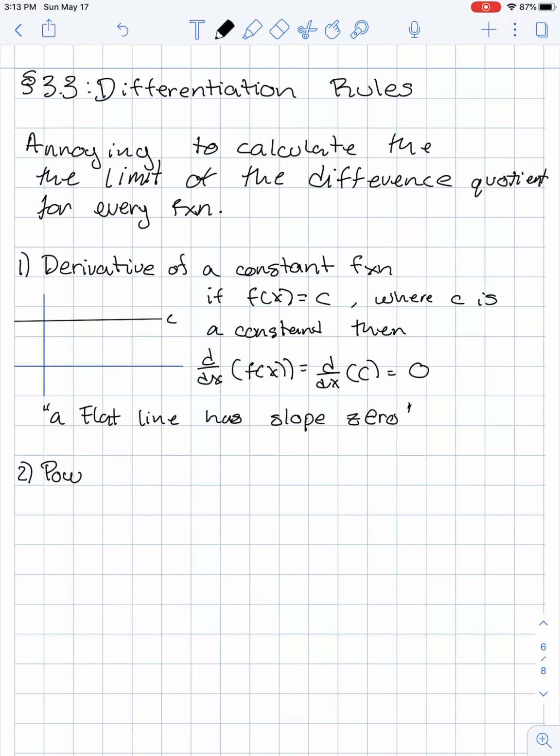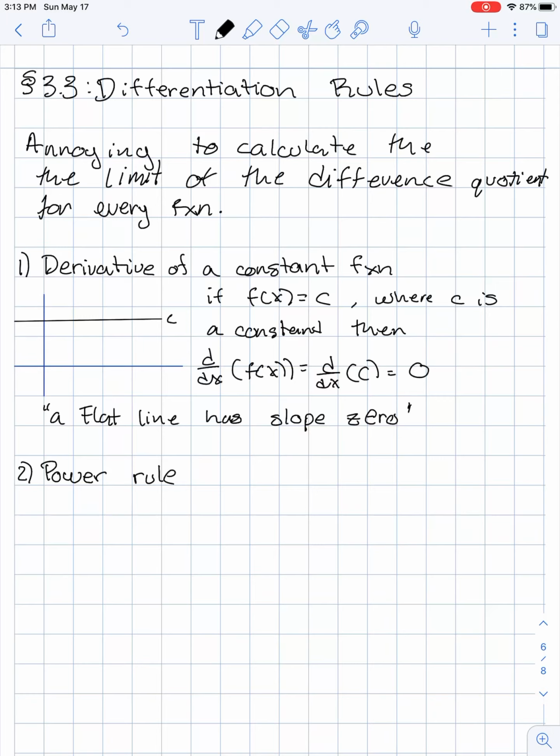So we also have a really important one called the power rule. Remember we talked about power functions, like x squared, x to the negative 1/4, x to the 3/2, right? A variable to some number, different than a number raised to a variable. Remember that.